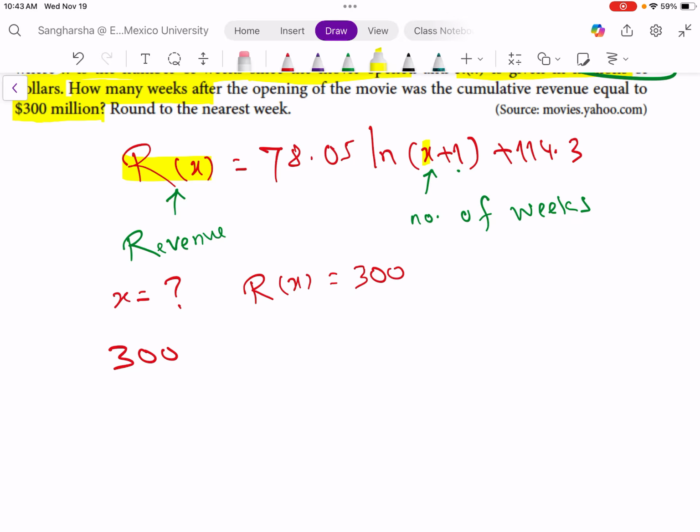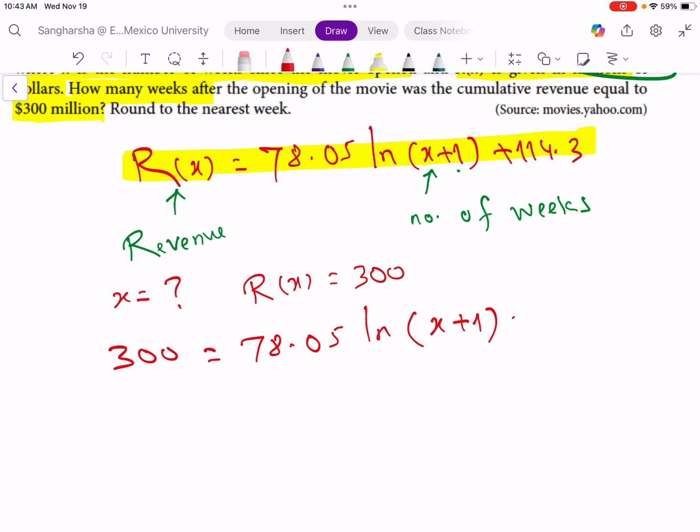Okay, we are using the same model. So our R of x is 300 equals 78.05 ln x, this is what we need to find, plus 114.3, and everything else is the same. Now we have an equation here, and what type of equation is this?